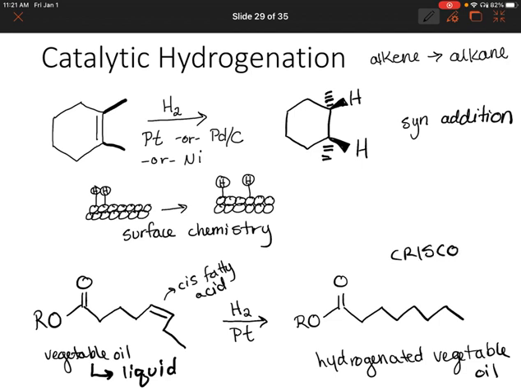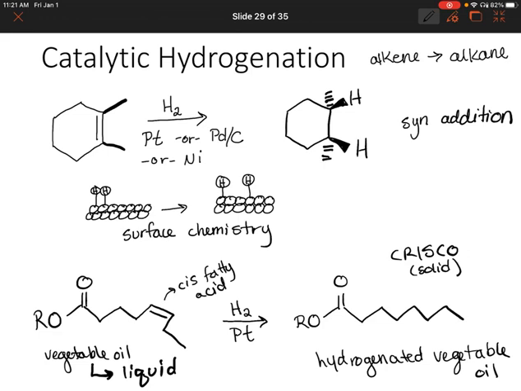So you might use that in your baking or cooking. But this is a solid. So we went from a liquid to a solid when we hydrogenated the vegetable oil. Okay, so just kind of a real world example.